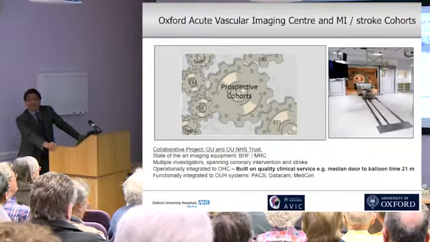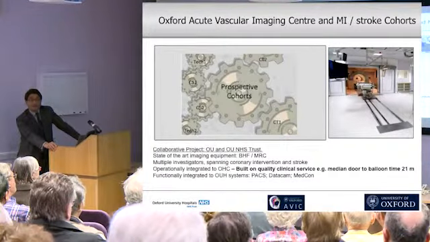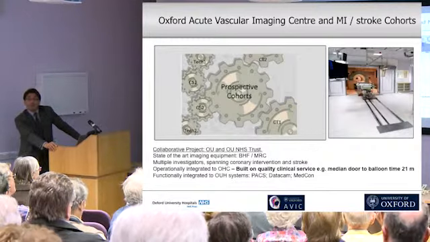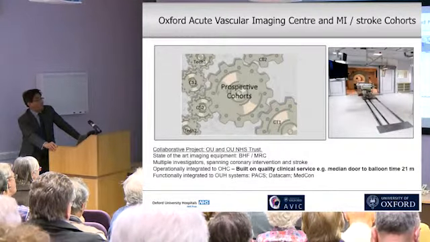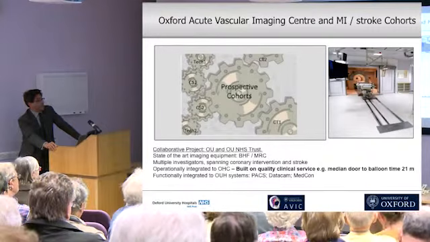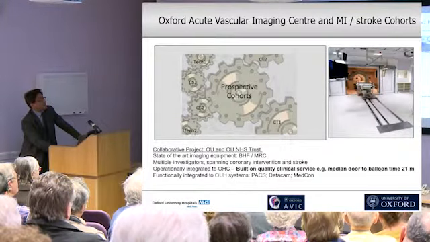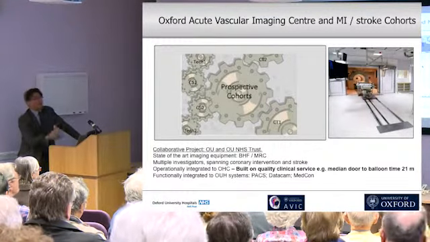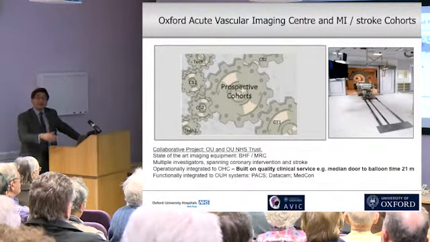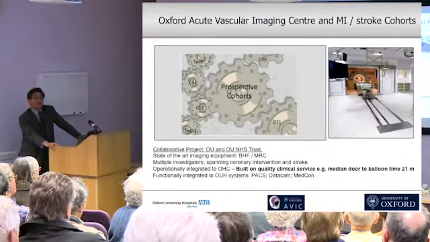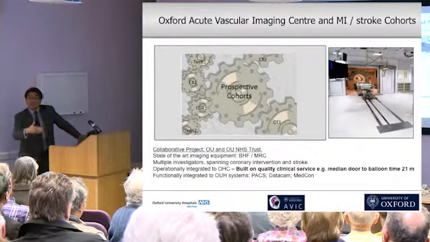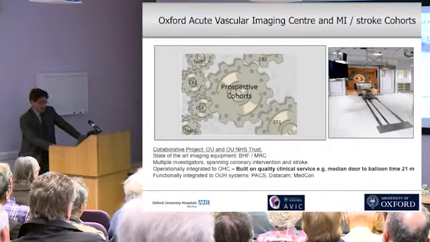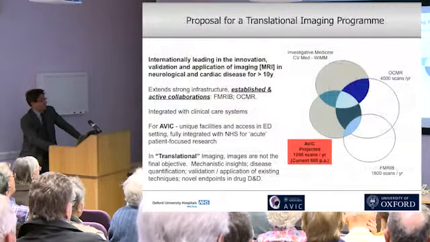We will characterise heart attack and stroke in those patients with a whole range of blood tests, some of which are established and some of which are being newly developed and newly understood. And we will also use a range of sophisticated imaging, of which more in a moment, to characterise exactly what's going on in a stepwise fashion. So often patients in our early studies are having sequential imaging so that we can really understand what's going on in the heart in terms of the evolution of the disease.